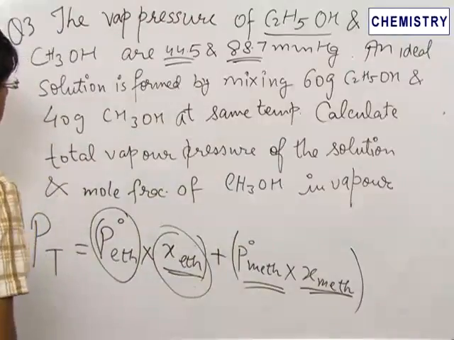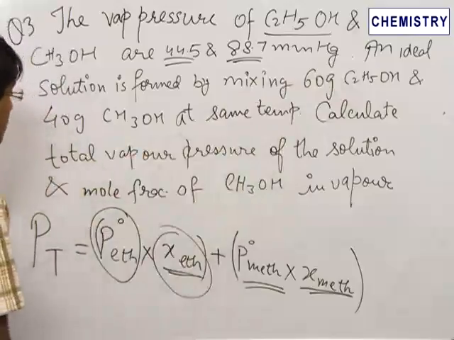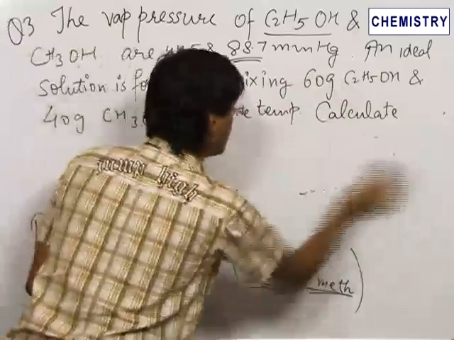So for the first part, since the weights of methanol and ethanol are given, we can find out the number of moles of each of them.